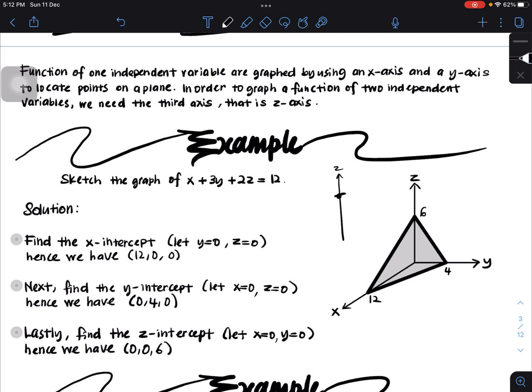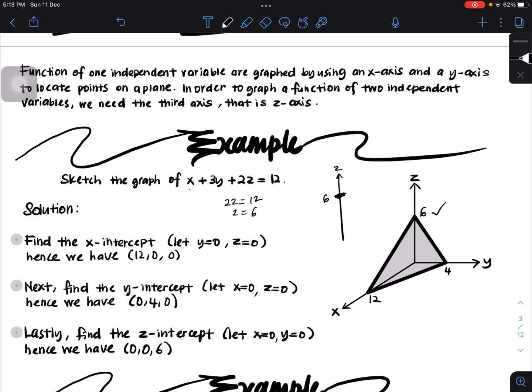The other variables will be equal to 0, so x equals 0 and y equals 0. In this function, you will have 0 plus 0 plus 2z equal to 12. So you only have 2z equal to 12, so z is equal to 6. This means the z-intercept is equal to 6.